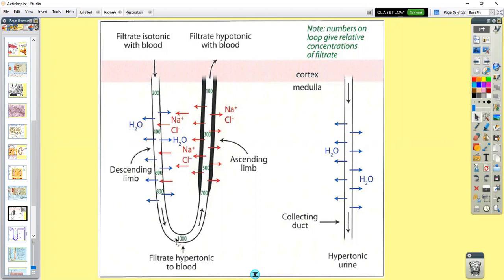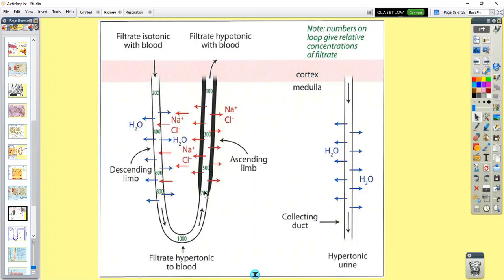The most concentrated or hypertonic part of the filtrate is at the bottom of your loop of Henle. As it passes back up through the loop of Henle, some of these salts, your sodium chloride ions, pass out. That makes our filtrate less concentrated as it moves up the ascending limb. That's often referred to as the countercurrent multiplier.